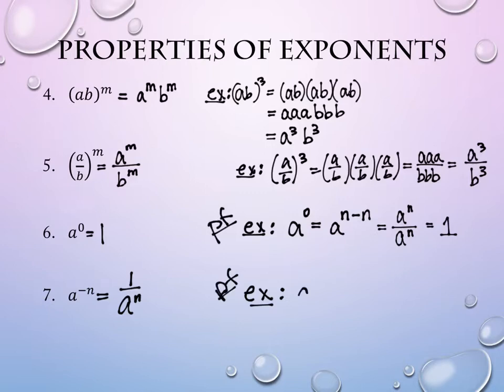So this is actually a to the negative n, the same as a to the 0 minus n, right? And I can do the same trick that I did before, where I write the a to the 0 on top, and I can write the a to the n on bottom. And what did we just decide and learn that a to the 0 was? It's 1. So I have a to the n on bottom.